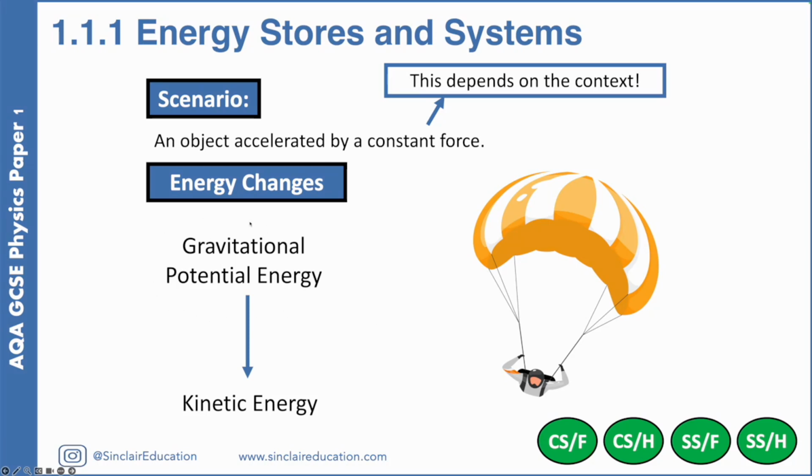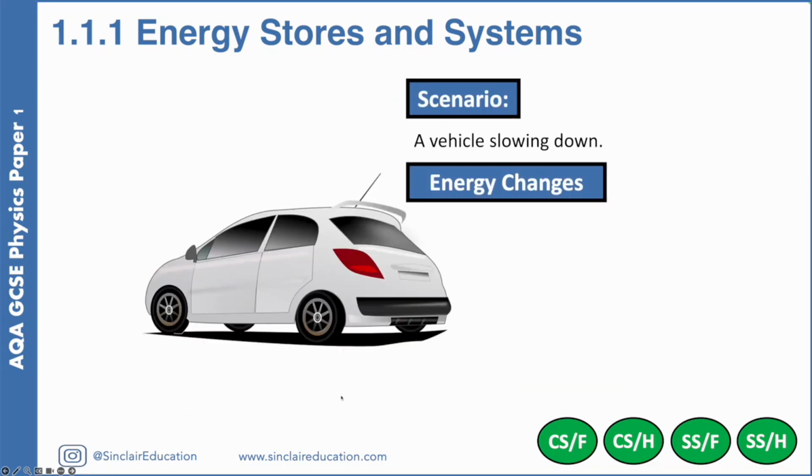But for a lot of the equations that we can use, for a 5-6 mark question on a higher paper, you might need to combine and use gravitational potential and kinetic. But what we're doing here is assuming that all of the gravitational potential is transferred into kinetic as an object falls.